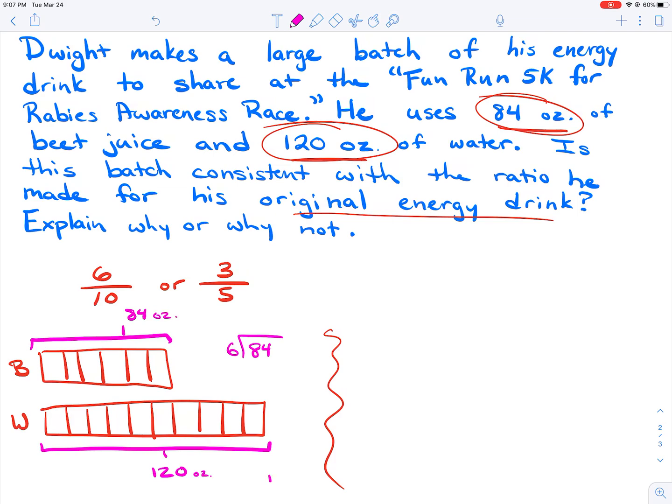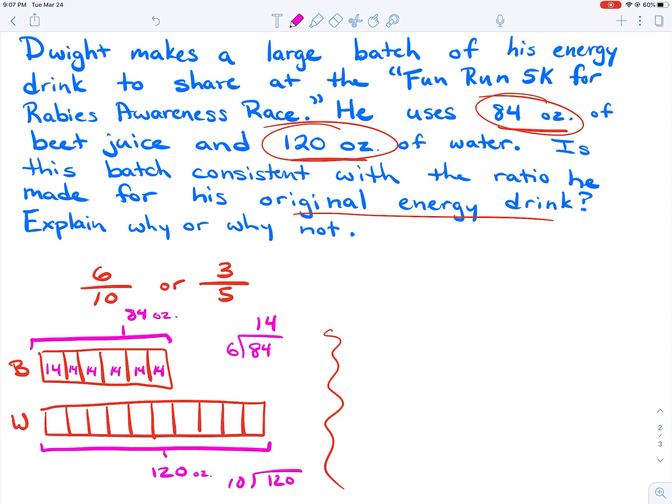And we're going to divide 120 by 10 groups. So 84 divided by 6 gives us, I believe, 14. So therefore our unit value will be 14 for each one of these boxes.